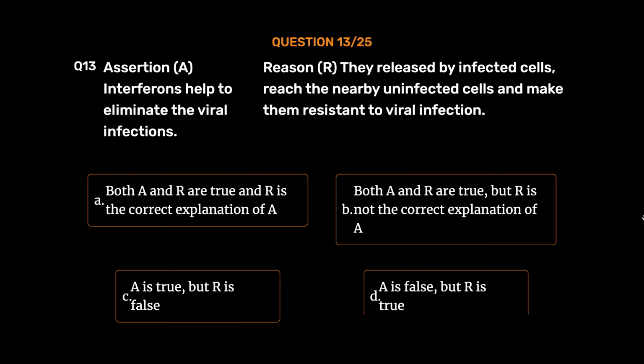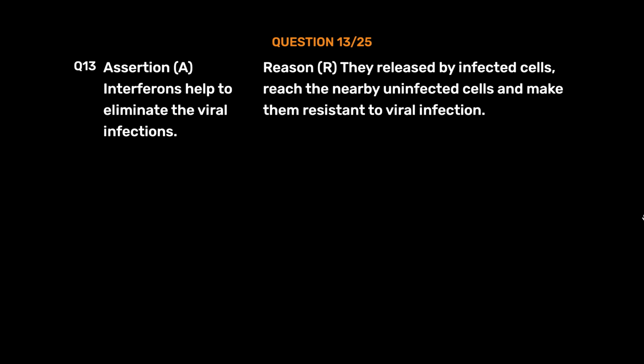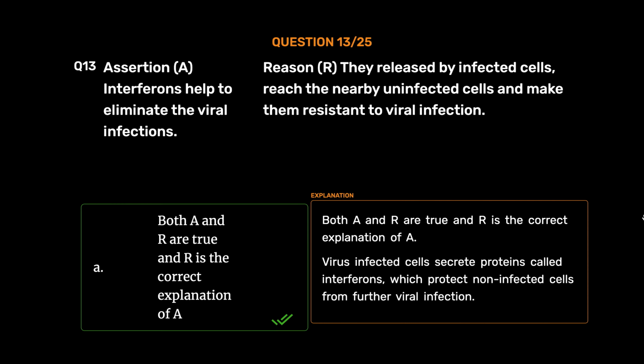Option D. A is false, but R is true. The correct answer is Option A. Both A and R are true and R is the correct explanation of A. Virus-infected cells secrete proteins called interferons, which protect non-infected cells from further viral infection.